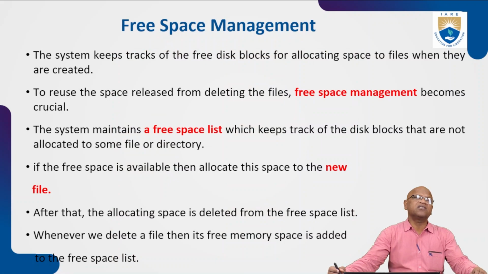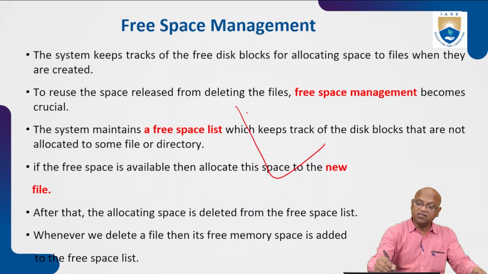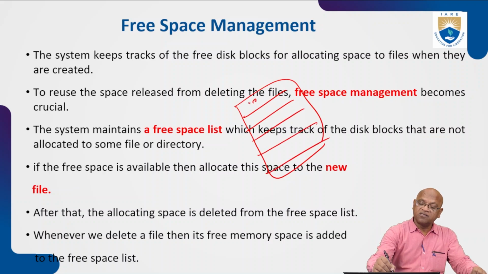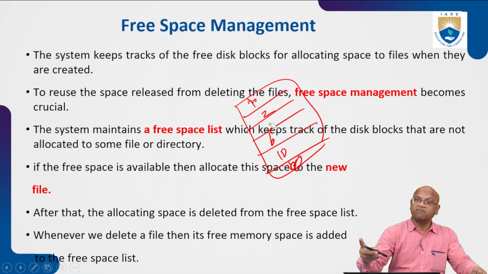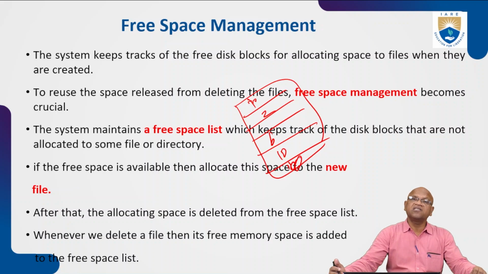Next we will see free space management. What is free space management? We save files in the hard disk one by one, wherever the place is available. Once the disk is full, it's not that we delete the files serially. Suppose this is our hard disk, and memory is allotted for different files, some 1 2 5 6 10 like this. If one file is deleted from the hard disk, free space becomes available there.